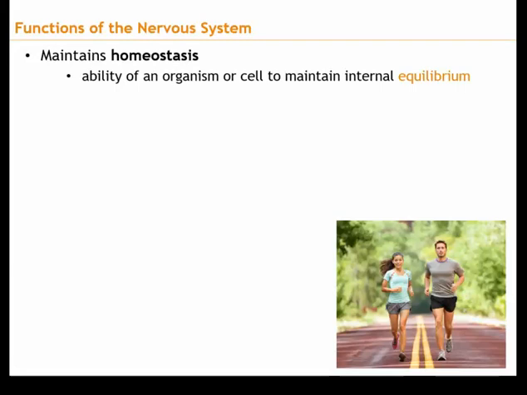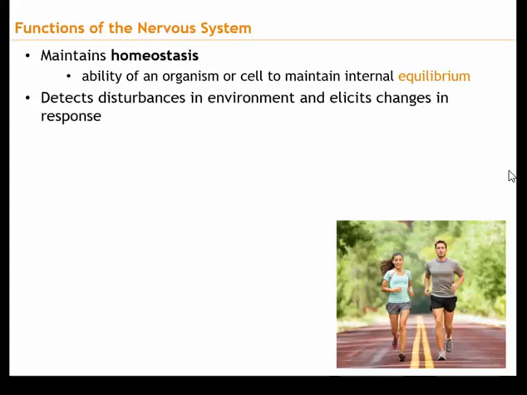This allows us to detect issues in the body and adjust to conditions that are optimal for survival. So it has to do with adapting to conditions or initiating changes in the body to remain stable or the same. We also see up here the ability of an organism to maintain equilibrium. So this system, or kind of homeostasis, we're going to detect disturbances in the environment and then elicit a change.